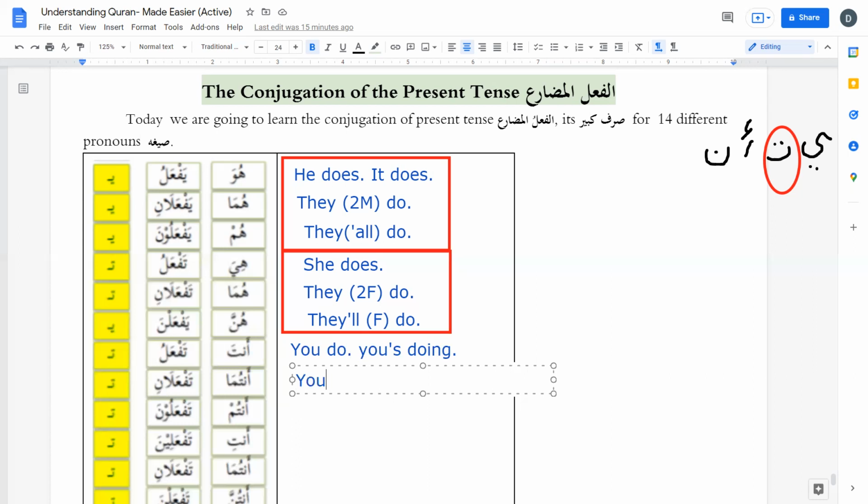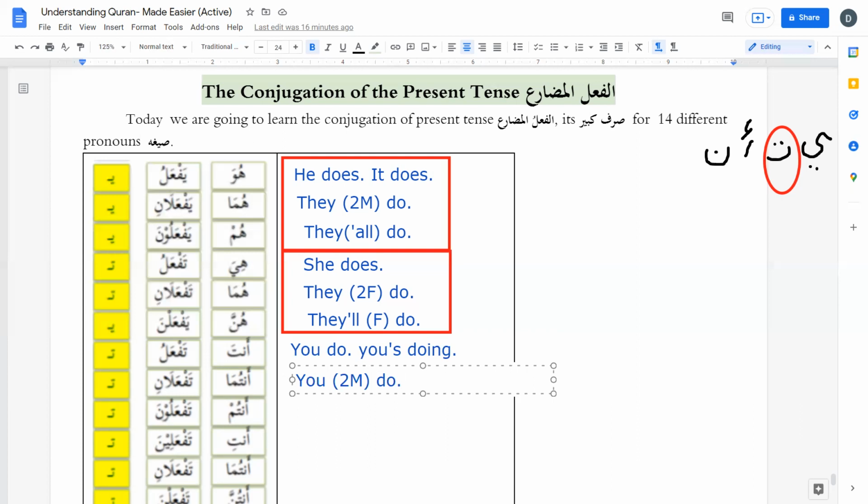Here, antuma is masculine. So it means the people you are talking to are two persons and both are male. So you two do this.